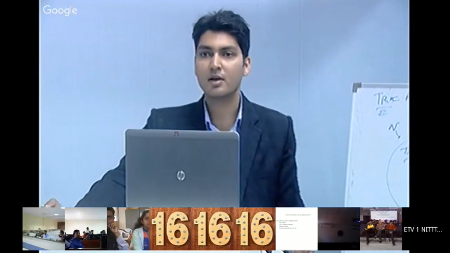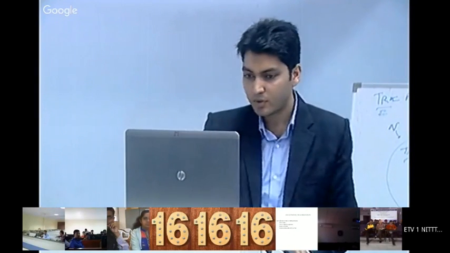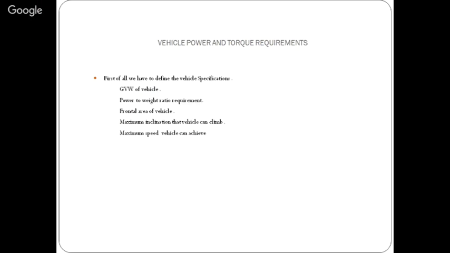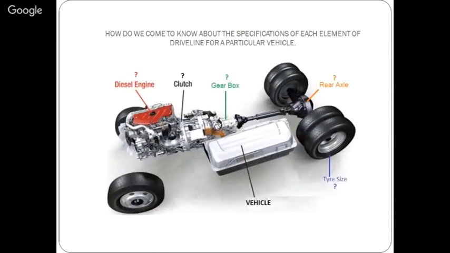Clear? So that is our requirement. Then the maximum speed a vehicle can achieve: what will be the maximum speed at which I am going to drive my vehicle? Suppose we are having a smaller engine, a small engine.